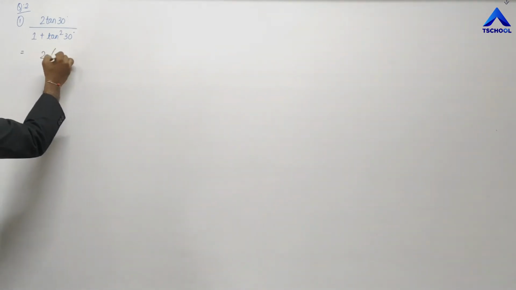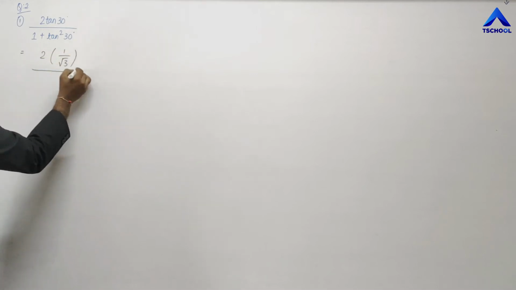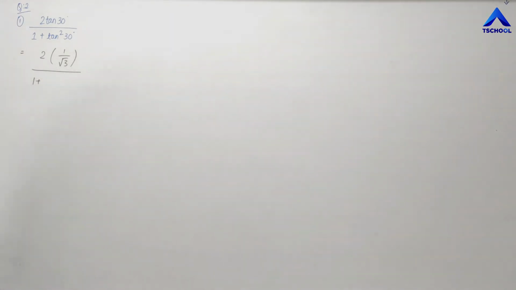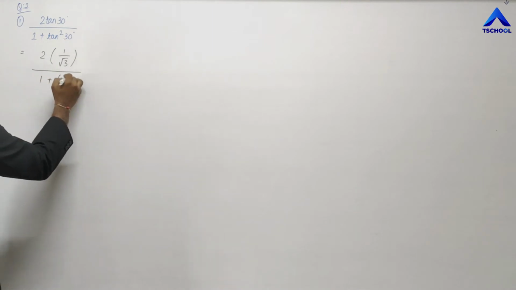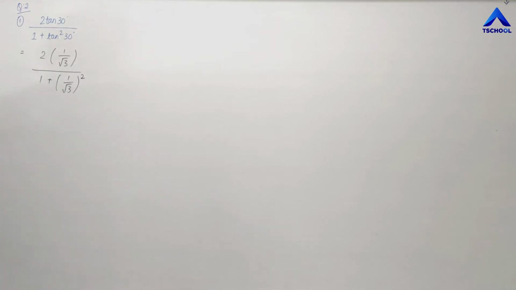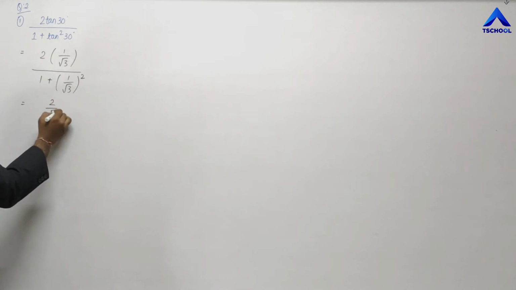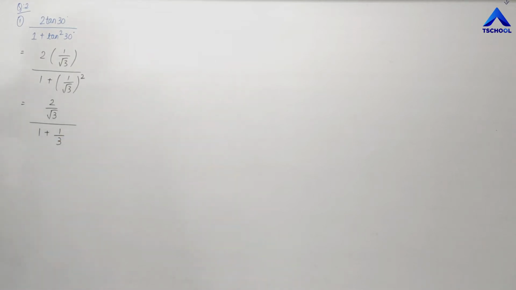So that is 2 into 1 upon root 3, whole divided by 1 plus 1 by root 3 square. Simplifying this, we get 2 by root 3 whole divided by 1 plus 1 by 3.